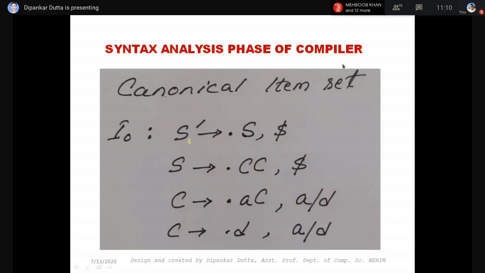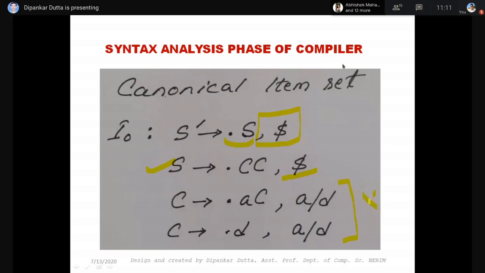But in case of this one, because we calculated the closure for dot S only, and we have one production here, capital S implies dot CC, whatever look ahead symbols are calculated from this, you can add only in this production. Don't proceed to here.